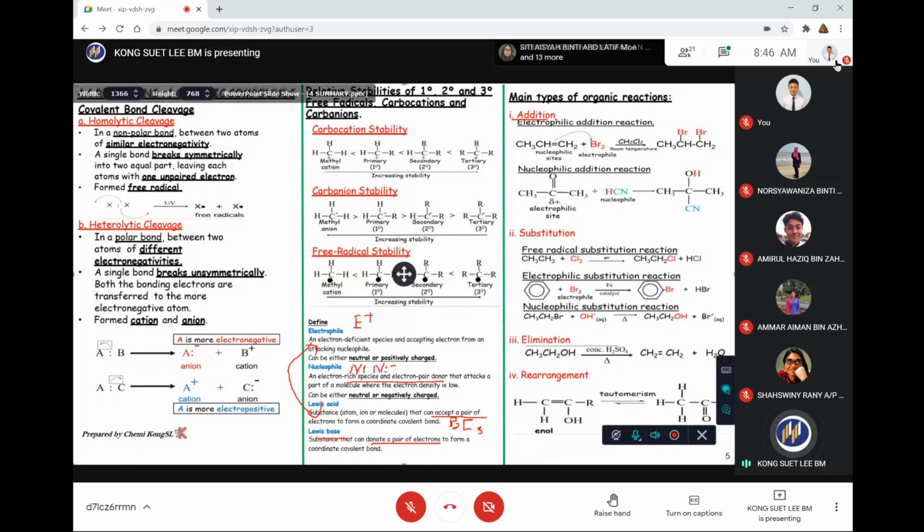Addition. You must have the concept, what is addition? Double bond becomes single bond. Substitution: the hydrogen is replaced by the chlorine. Initially it is CH3, now it becomes CH2Cl. Replaced. Okay, this is benzene.